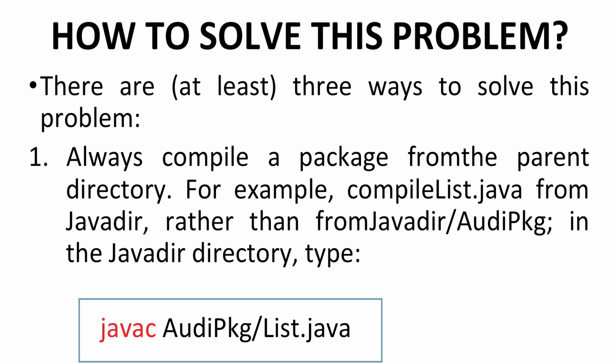So we have to keep in mind that we always have to compile from the parent directory. In the javadir directory type javac audipackage/list.java. So we have to use the parent directory first, followed by the name of the class.